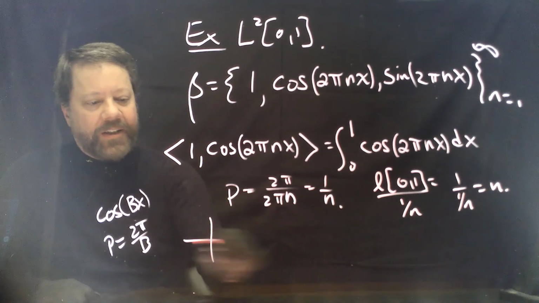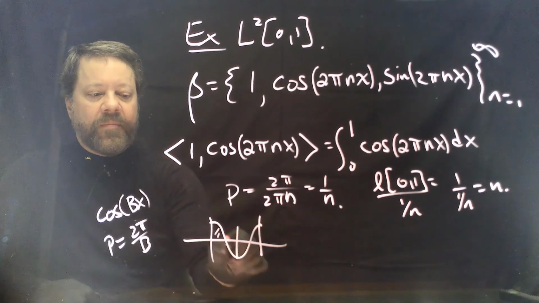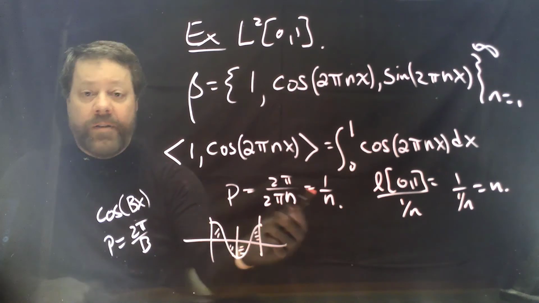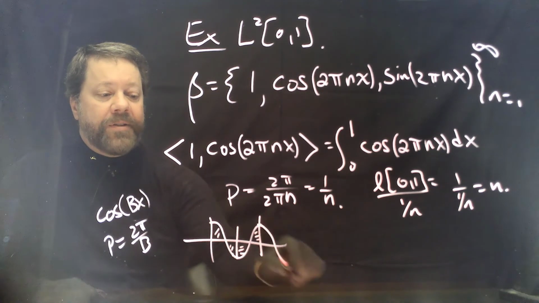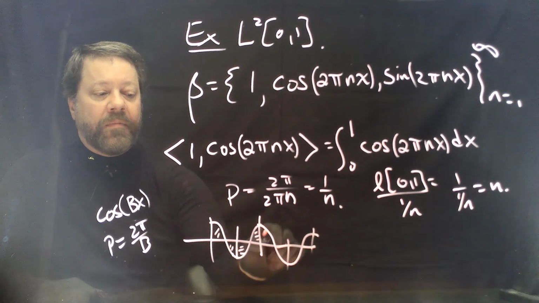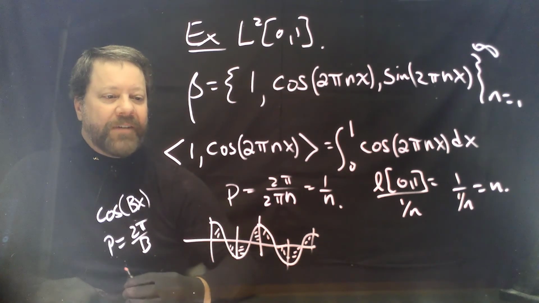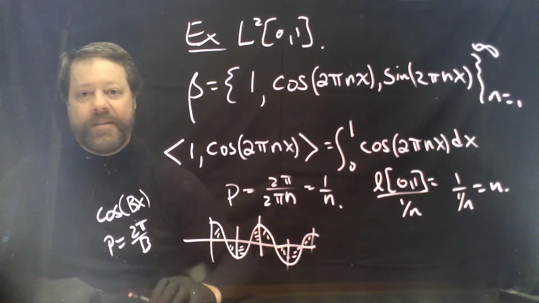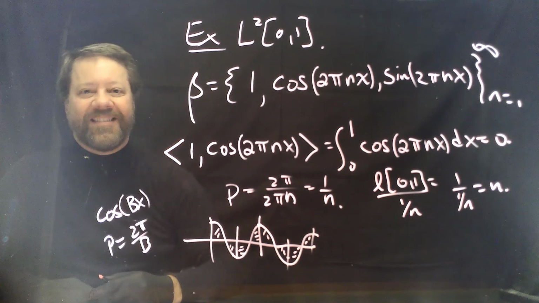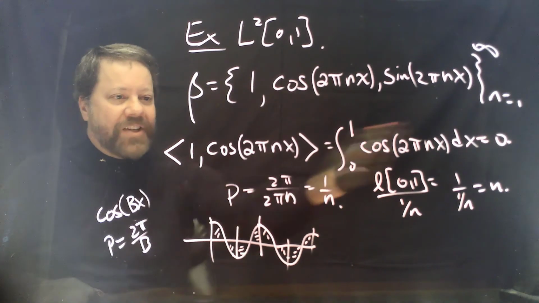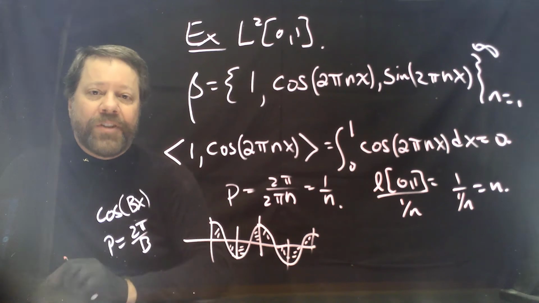Well, if you integrate cosine over 1 period, you get nothing. If you integrate cosine over 2 periods, you get doubly nothing. So if you integrate cosine over n periods, you get nothing.